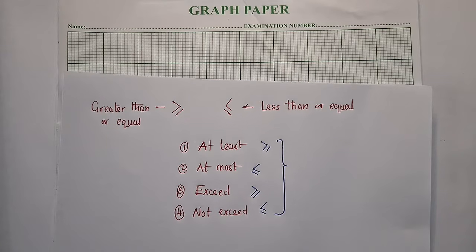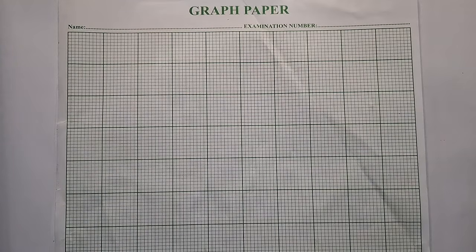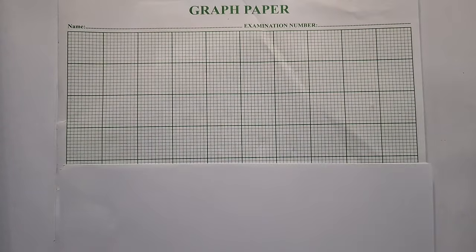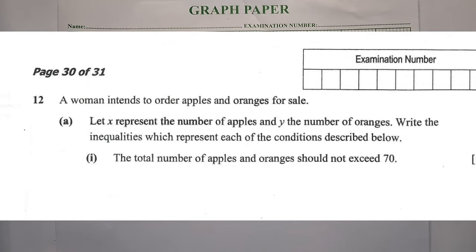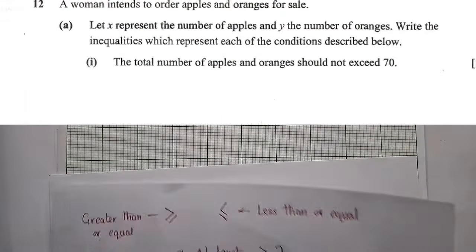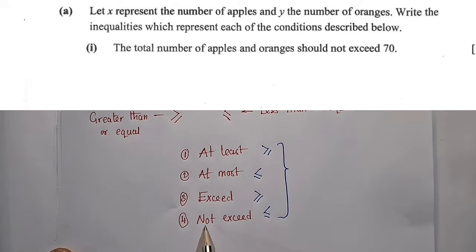Let's start with question 1 and see how it is supposed to be. They are saying the total number of apples and oranges should not exceed. Have you heard that word? Should not exceed. Among the terms here, we said this must be less than or equal to.